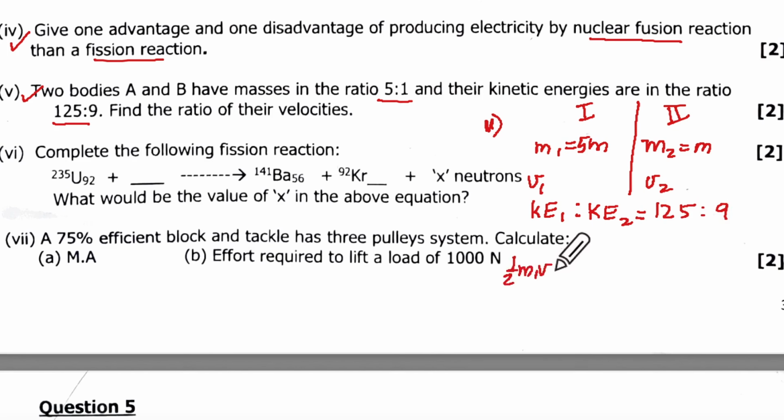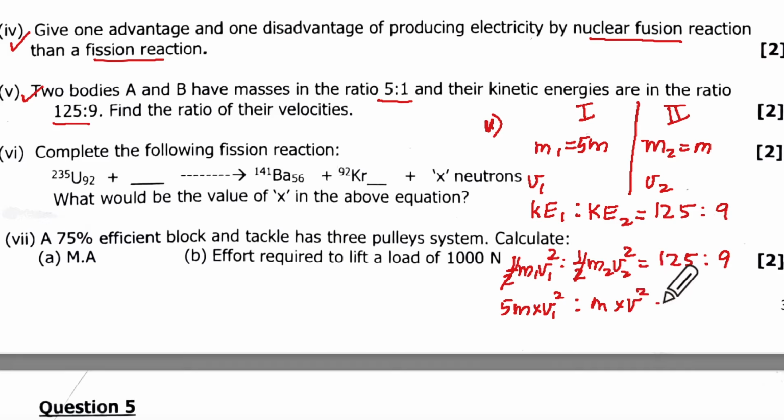Half m1 v1 square is to half m2 v2 square, correct? We got half and half getting cancelled. 5m into v1 square is to m into v2 square equal to 125 is to 9.